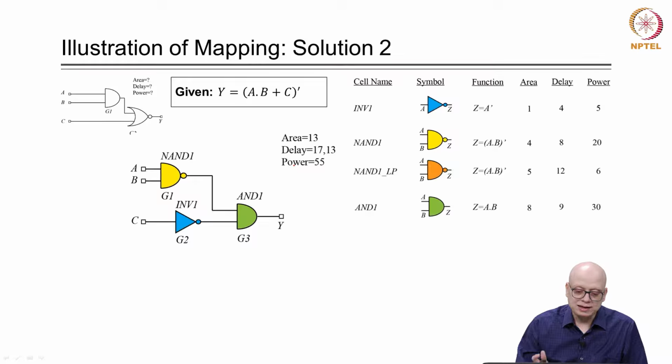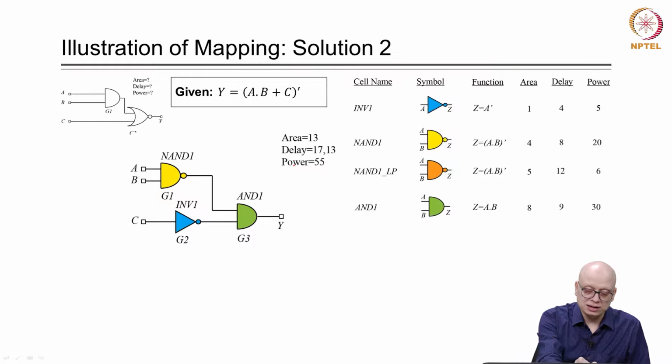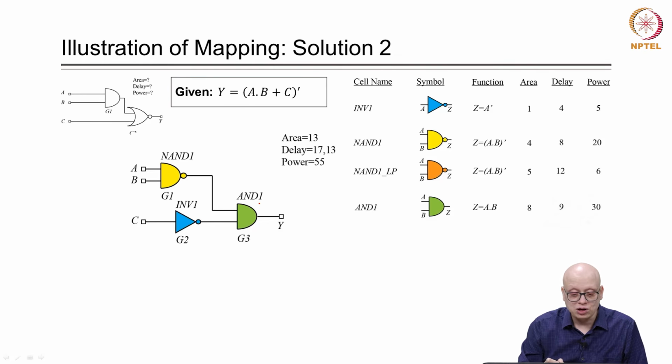So, in this case we are using a NAND gate followed by an AND gate. Now we have to first check whether it is functionally equivalent to the given function.